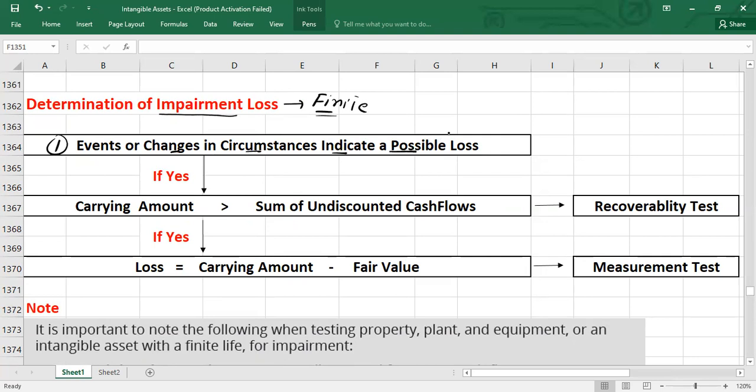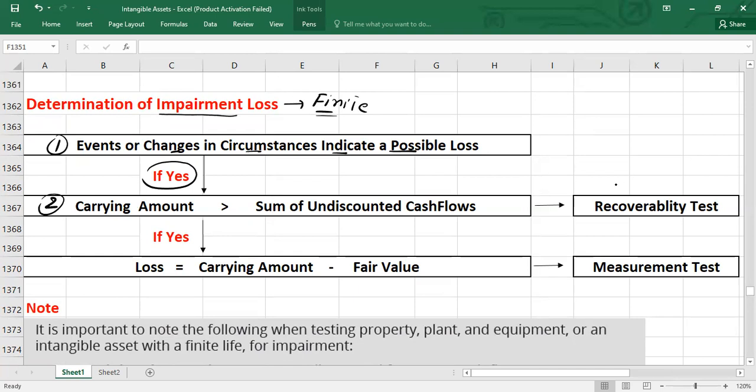If there is any indication, even in the middle of the year, because US GAAP suggests that if you find any indication even in the middle of the year, you should test your asset immediately for impairment. If yes, there is a change in the legal factor or economic condition, then you have to apply step number two.